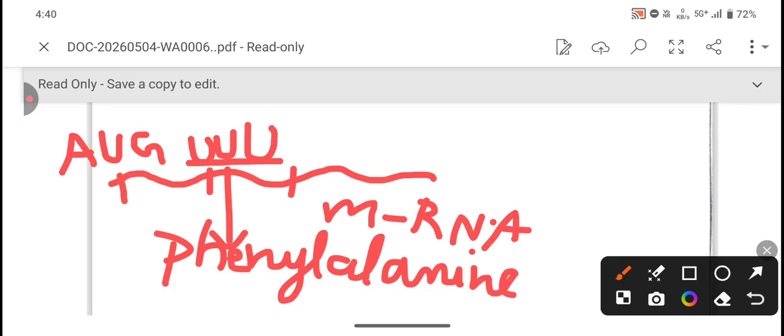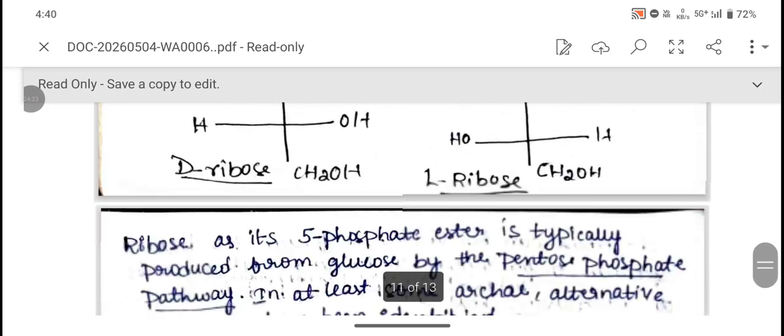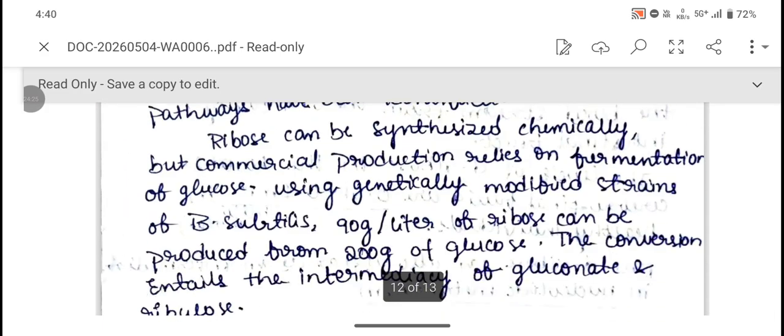Unless the mRNA composition is perfect, there will be no proper codon reading. That's why ribose sugar is utmost necessary for the composition of RNA. If the RNA is stable and proper enough, then it will provide the codon, and upon good proofreading of the codon, there will be the formation of protein.